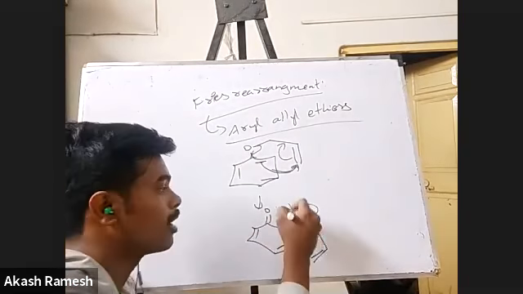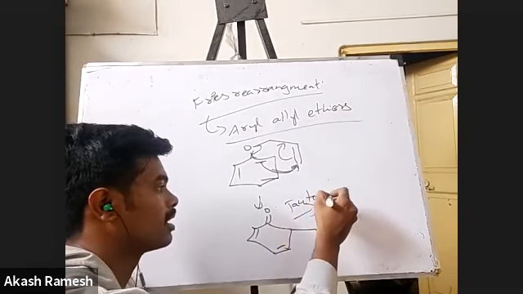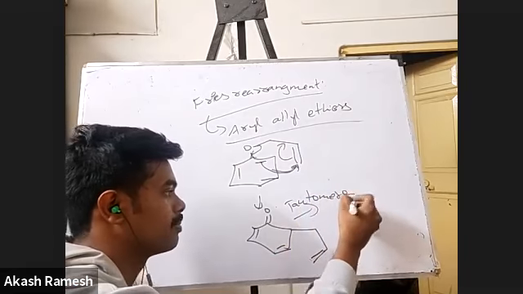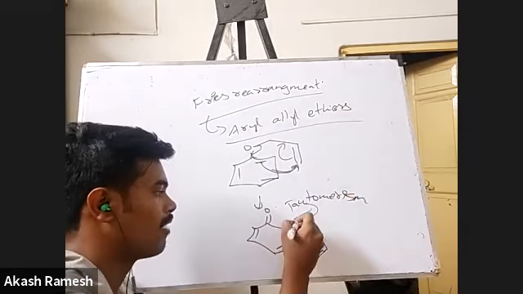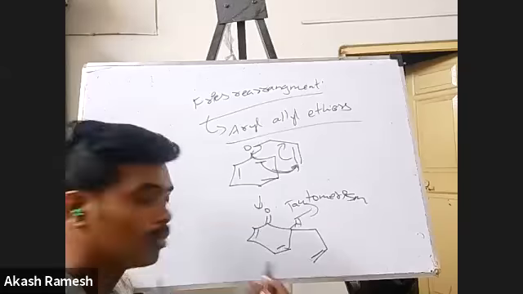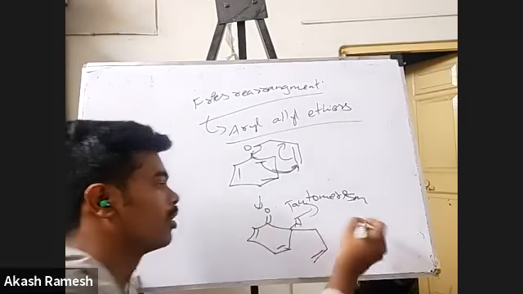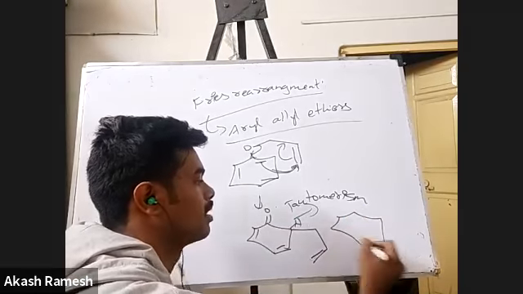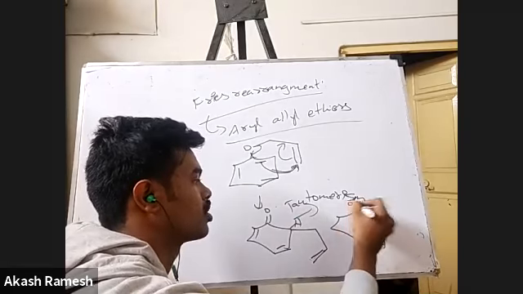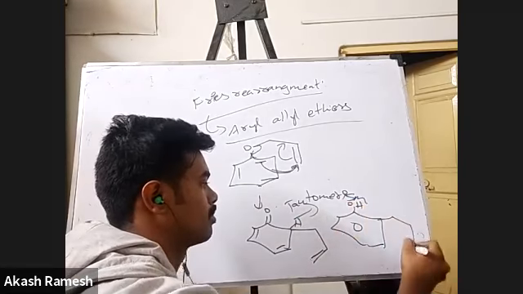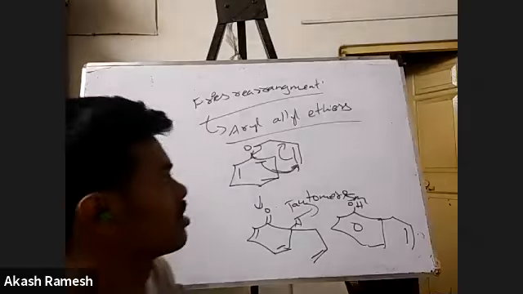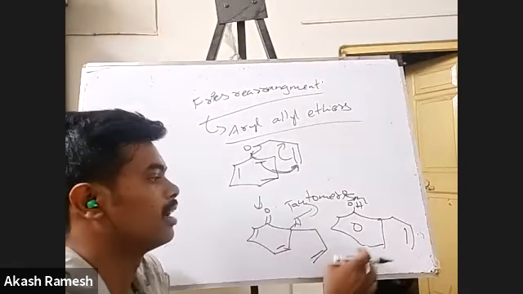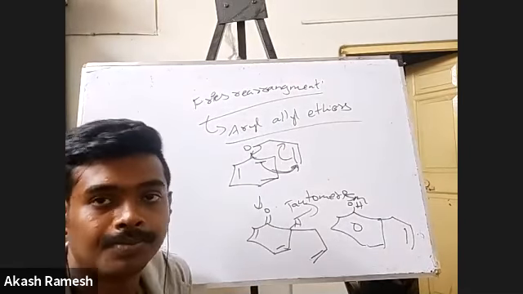Right. Now if this undergoes tautomerization, tautomerism, right, what will happen? You have an alpha hydrogen here that will be removed. So then you will form OH, and this will be the product. Okay. Now look at where we started and look at where we ended here.